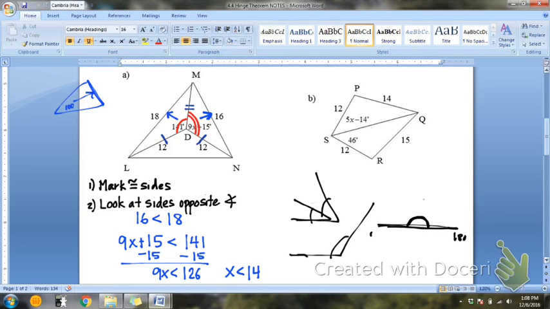So here's what I have to keep in mind. Look back at number 2, I have 9x plus 15 is less than 141. An angle has to be between 180 and 0. It can't be more than 180 and it can't be less than 0. It has to be in here between 0 and 180.